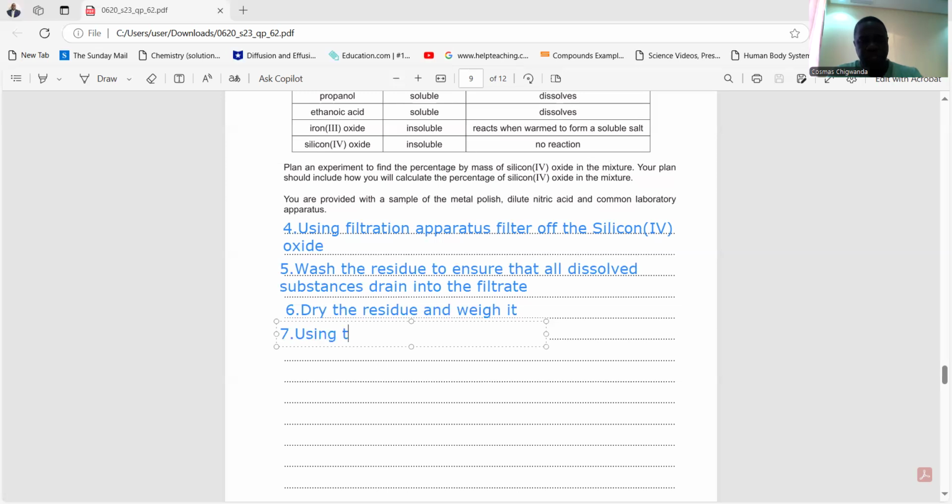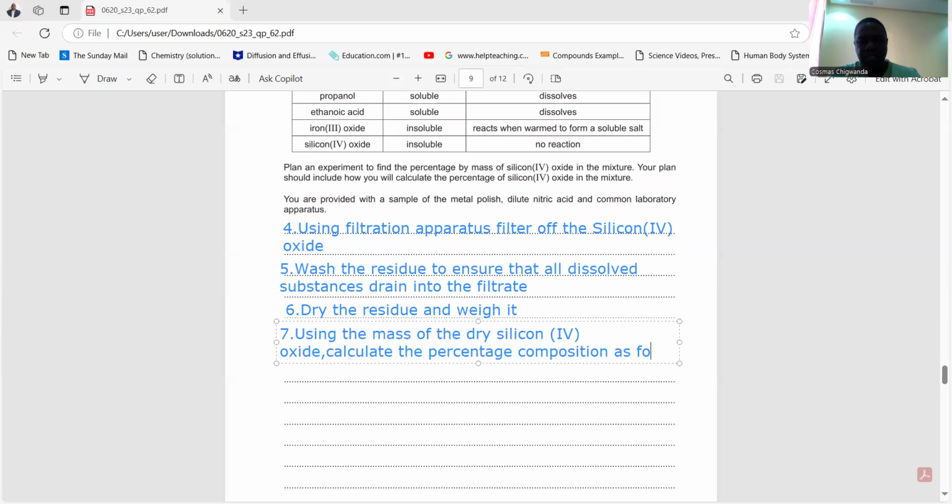Using the mass of the dry silicon 4 oxide, calculate the percentage composition as follows.